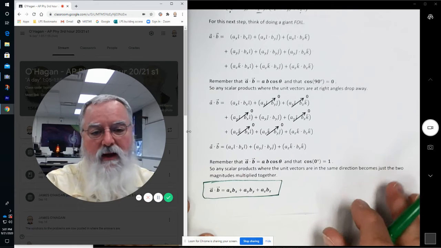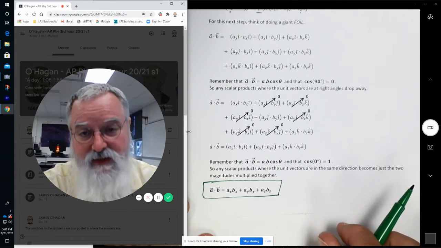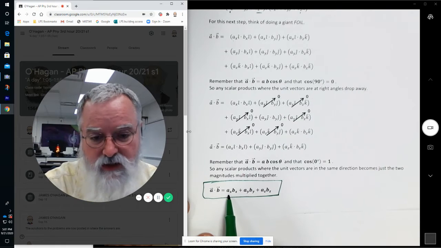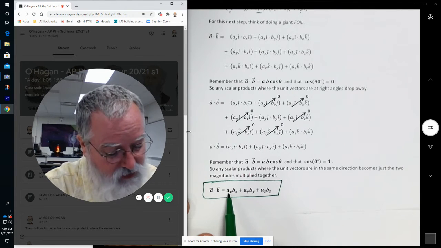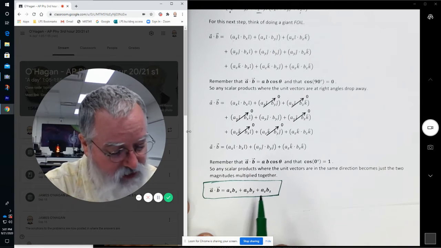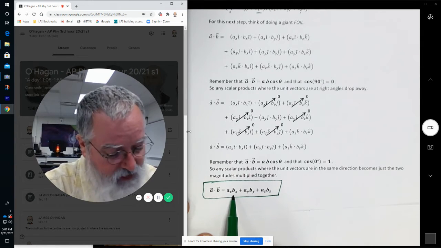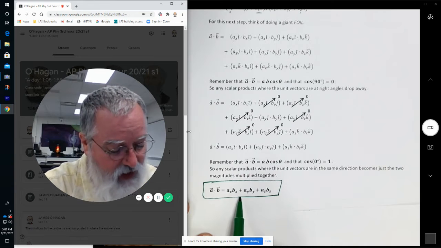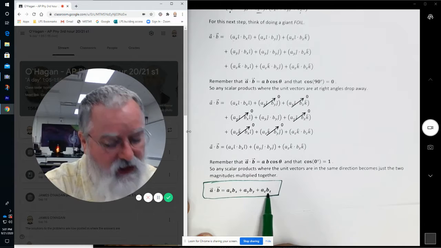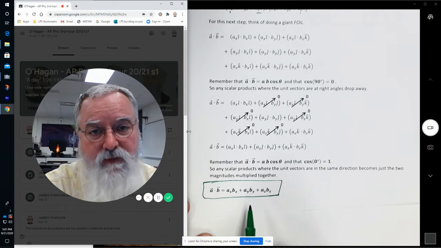Doing a dot product using unit vectors, and this is in 3 dimensions, is really easy. You multiply the x components of your two vectors, add to that your y components multiplied together, and add to that your z components multiplied together.